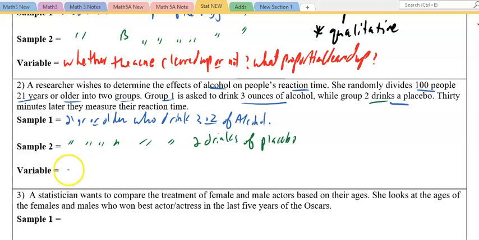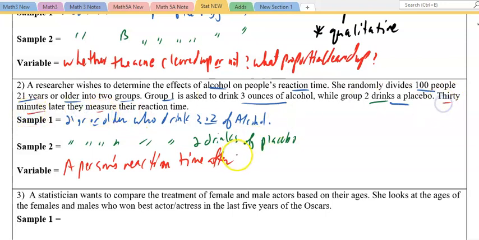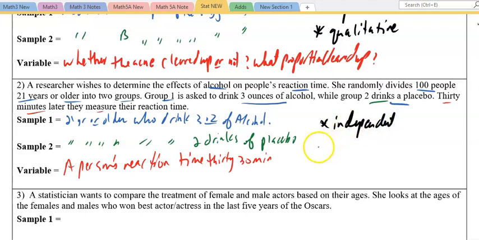And what you're measuring is a person's reaction time after 30 minutes. Those are independent. The samples are, and it is a quality as well.